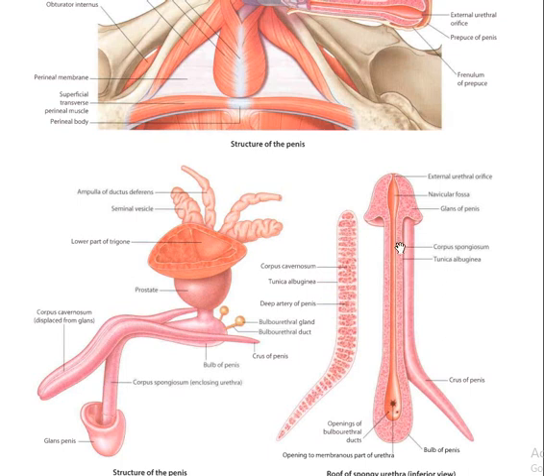So we have the corpus spongiosum here, we have the tunica albuginea. The corpus spongiosum is the main part involved with the stimulatory fibers of excitation, while the corpus cavernosum is mainly involved with the erectile ability of the penis. Here is the inferior part of the membranous part of the urethra. You have the opening of the bulbourethral gland, and this is the bulb of the penis.